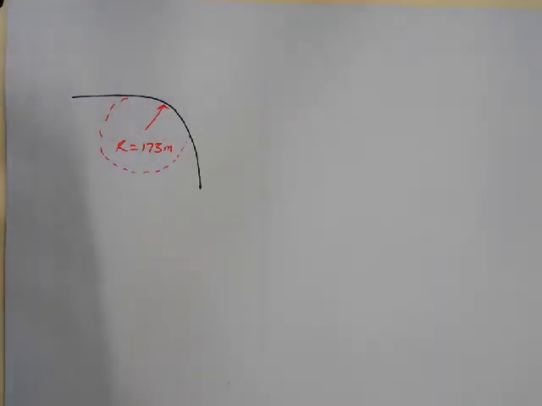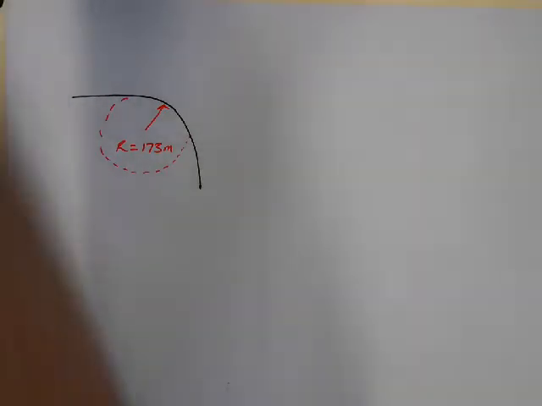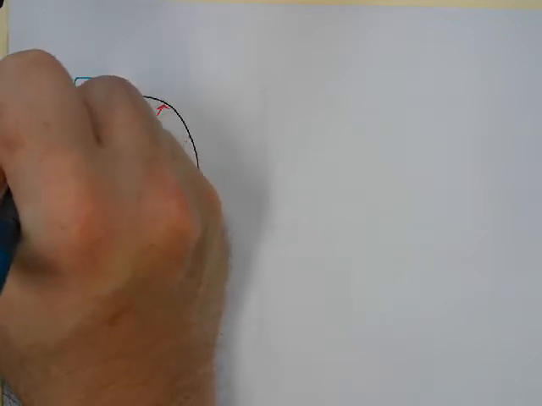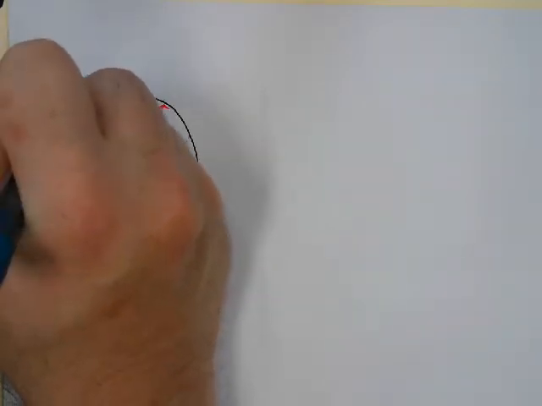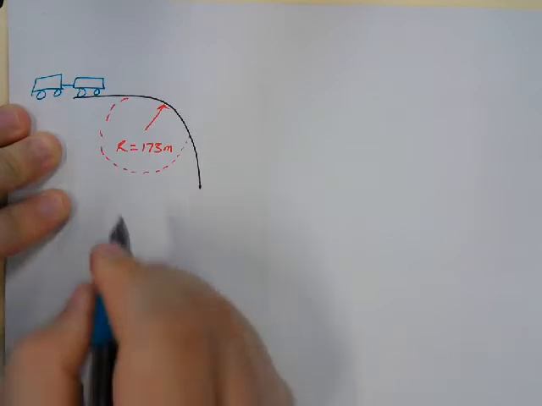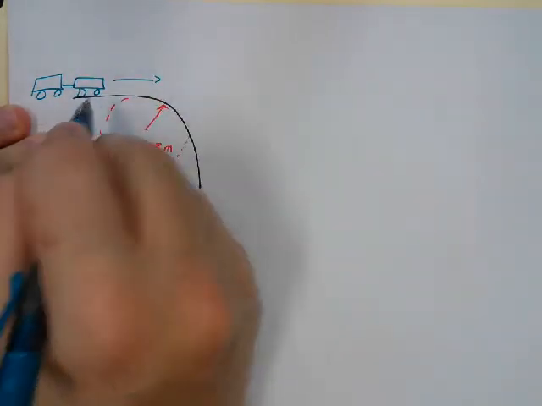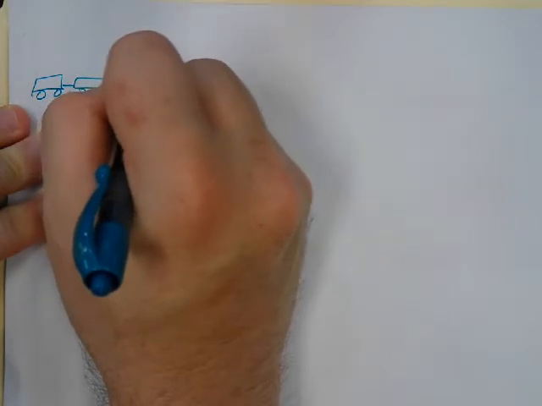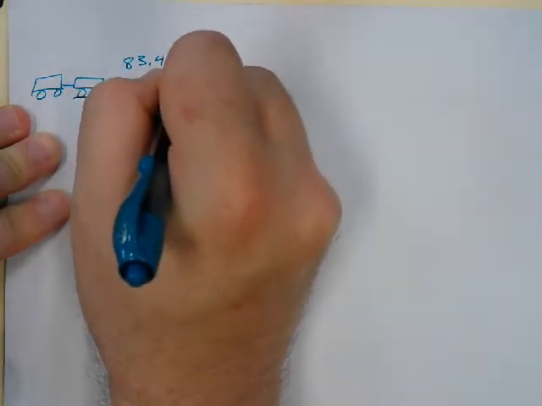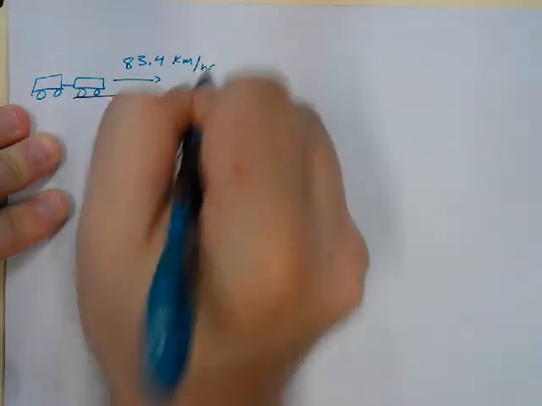So this is one of those fast trains, and what it's doing is, so we draw in a train, and then there's more train behind it. This train's going in, and its speed at the start of the turn is 83.4 kilometers per hour.